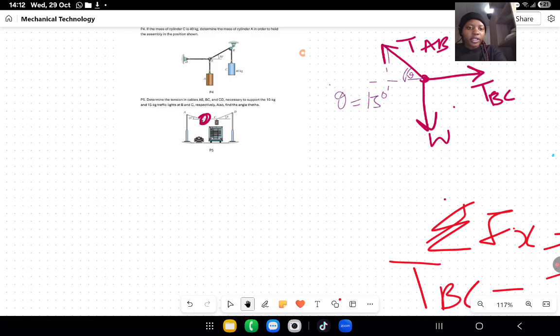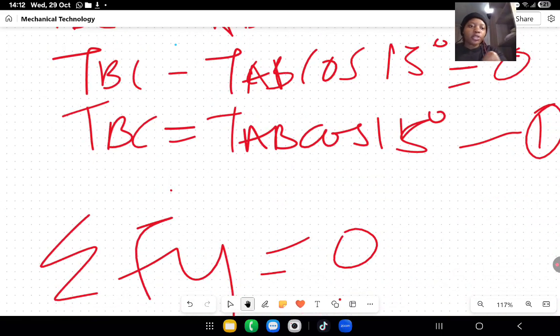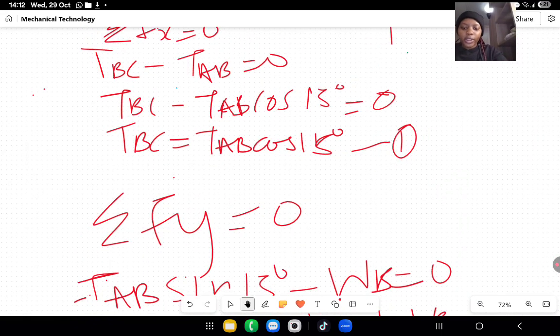We have the mass, not the weight, and when you have the mass, you can calculate the weight.